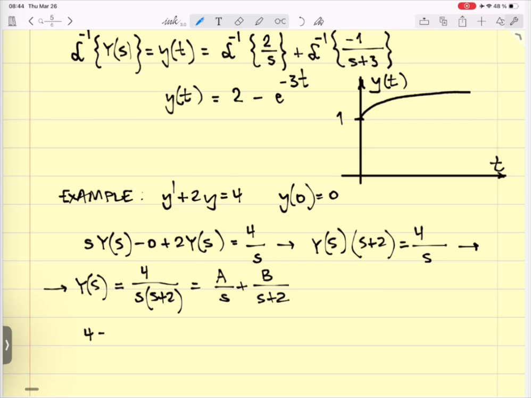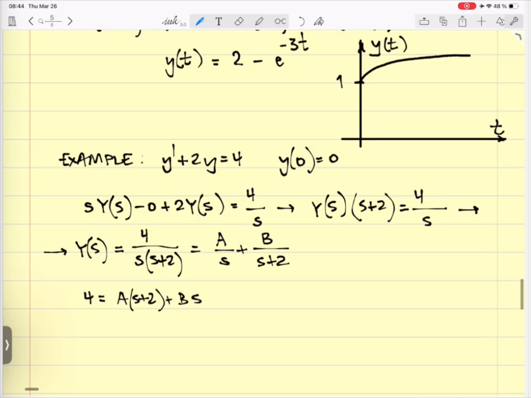This yields, again, I'm doing this a little bit faster, 4 equals a times s plus 2 plus bs. So if s is 0, then 4 equals 2 times a. So a is 2. If s is minus 2, 4 equals minus 2b. So b is going to be minus 2.